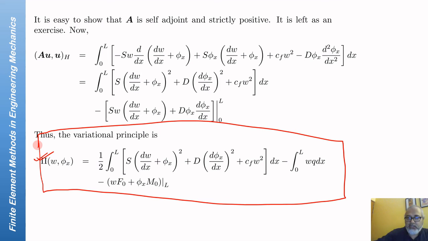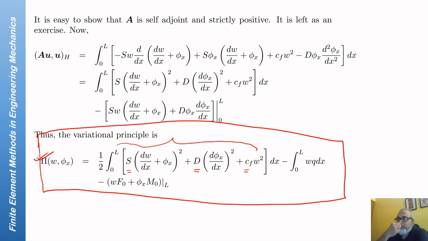So this is how we go about checking whether variational principles are available for the problem that we have at hand. Again, if you see AU comma U is this quantity, and these are squares, and these are constants which are positive, and therefore this is always strictly greater than 0. So this is a strictly positive operator, and we have proved that rigorously.